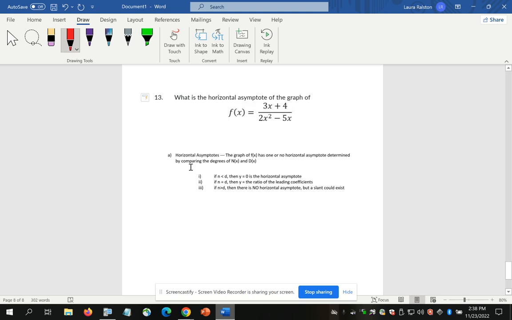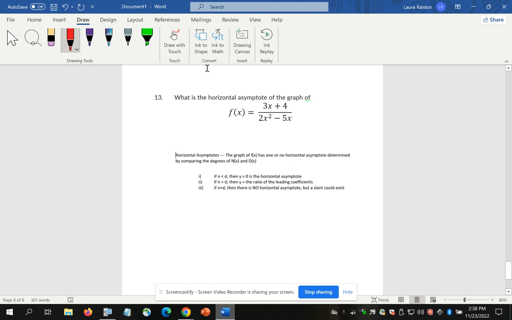Okay, so we're thinking about horizontal asymptote. There are some rules that guide determining the horizontal asymptote. You have to compare the degree, which is the highest exponent, of the numerator to the denominator. And three things can happen.